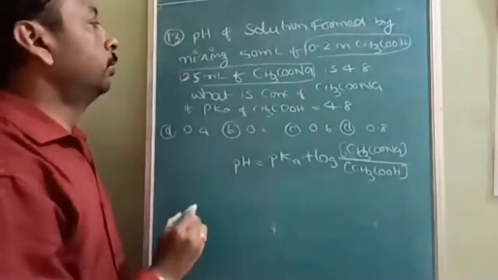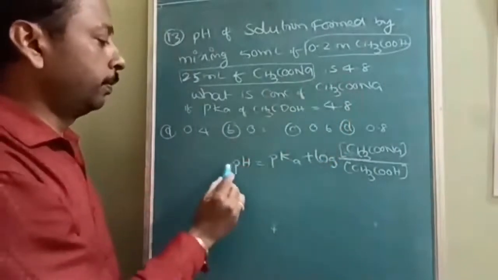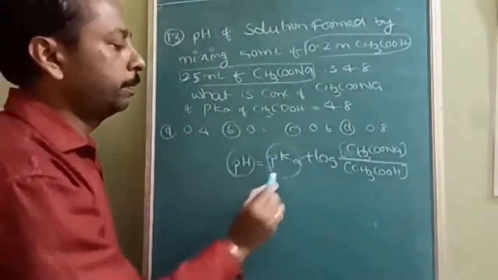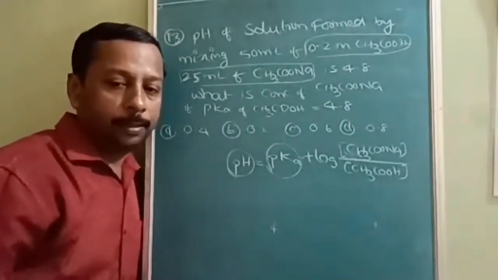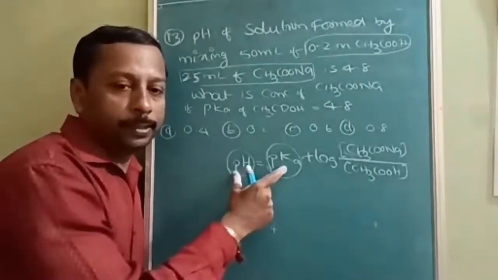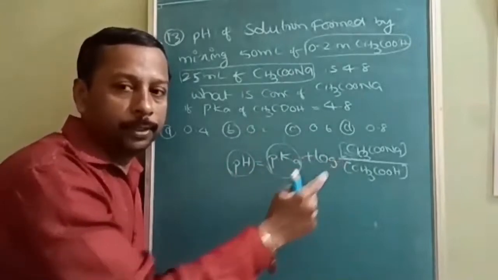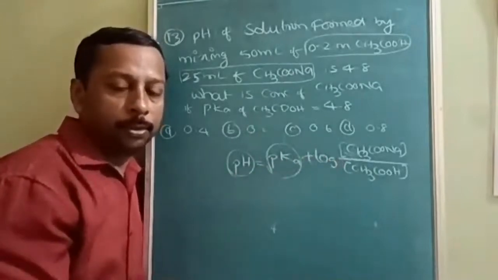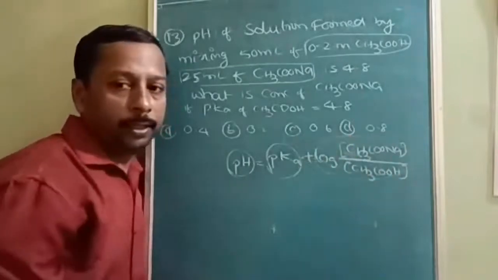Okay, so let's see here. This is 4.8, this is also 4.8. pH is 4.8, pKa is also 4.8. This is very lucky because if these two are the same, that means this has to be 0. If this has to be 0, then what has to be there? Log 1. Log 1 is 0.